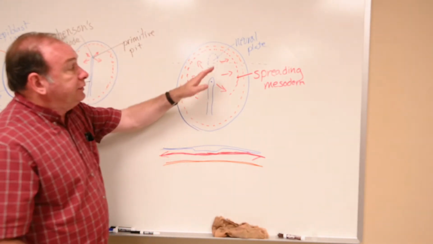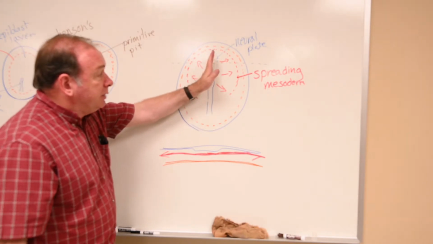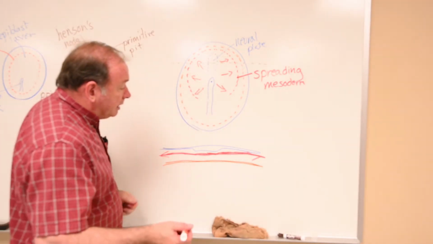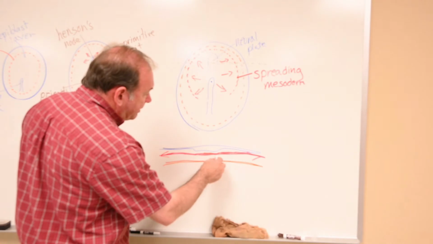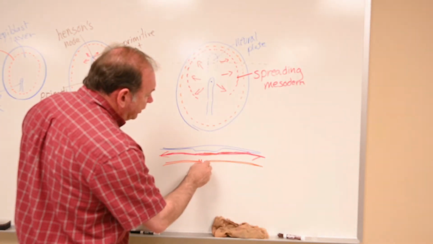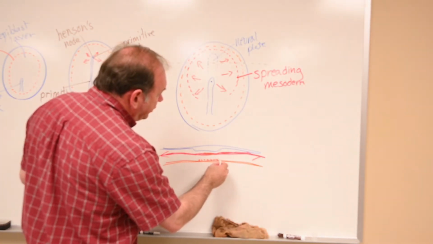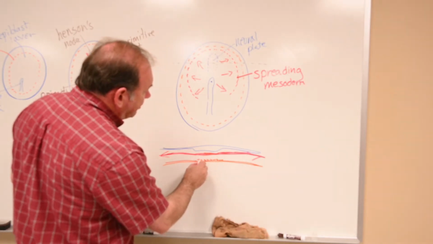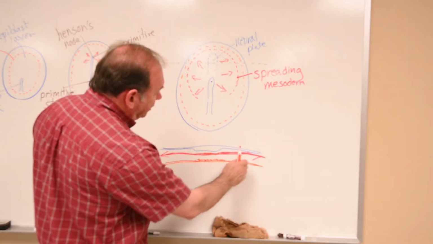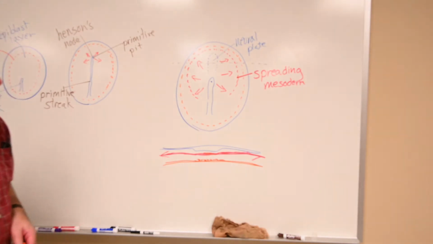Some of the cells that folded in along the primitive streak as it regressed, that were forming mostly mesodermal tissue, some of that will also form some of our endoderm of our gut. And it's going to come right up here and kind of incorporate along that hypoblast layer of cells.